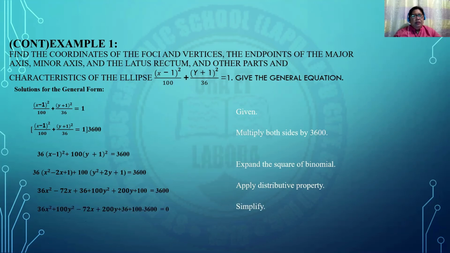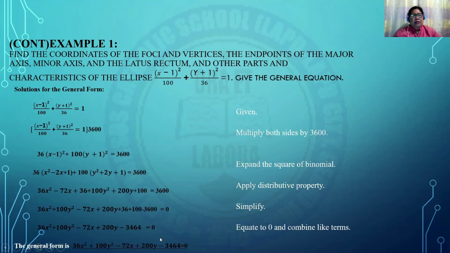Simplify, we have 36x squared plus 100y squared minus 72x plus 200y plus 36 plus 100 minus 3,600. Then after equating to 0, you combine the like terms. So what we have is 36x squared plus 100y squared minus 72x plus 200y minus 3,464 equals 0. So this is now the general form.